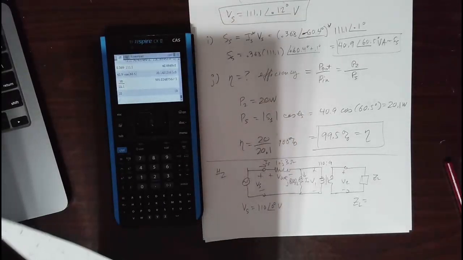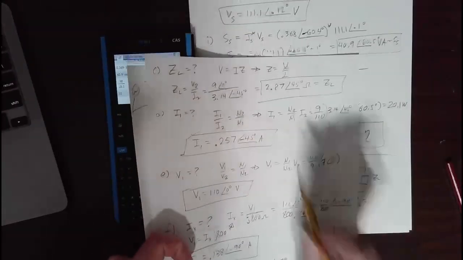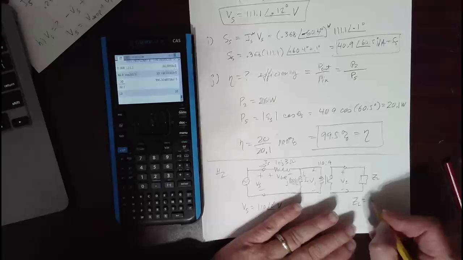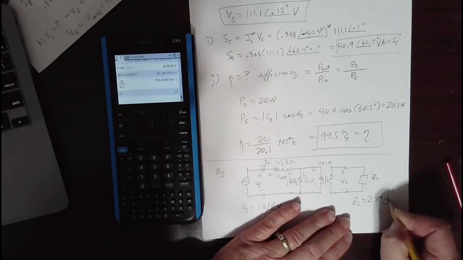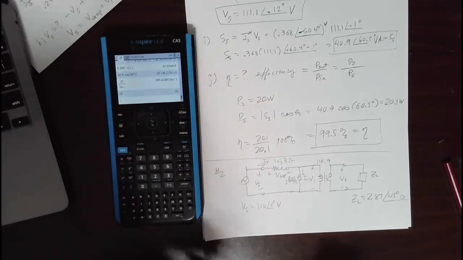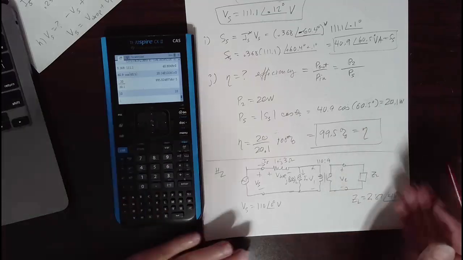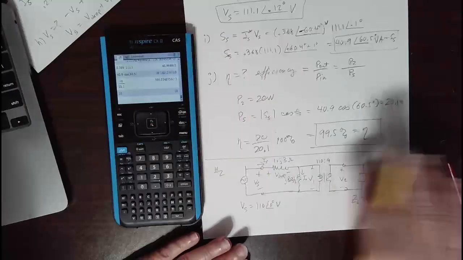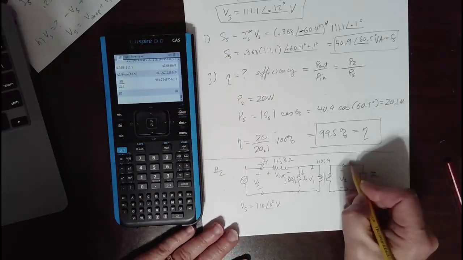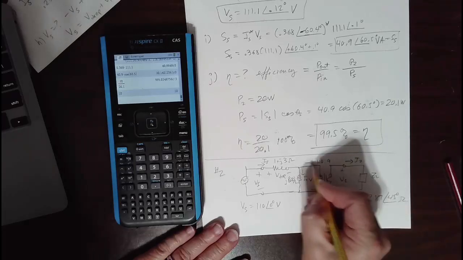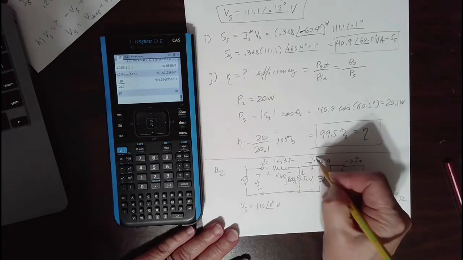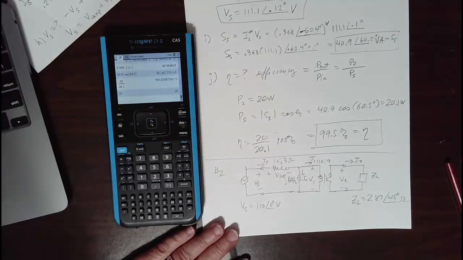There it is. So Z_L is 2.87 at an angle of 45 degrees. Let's just go with that. So we know Z_L, that's just a passive element on this side. We don't know any of the active stuff over here, we don't know voltage and current over here, and we know the voltage over here now.